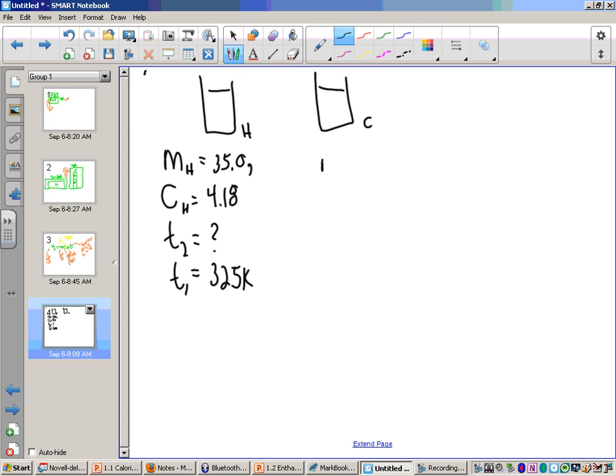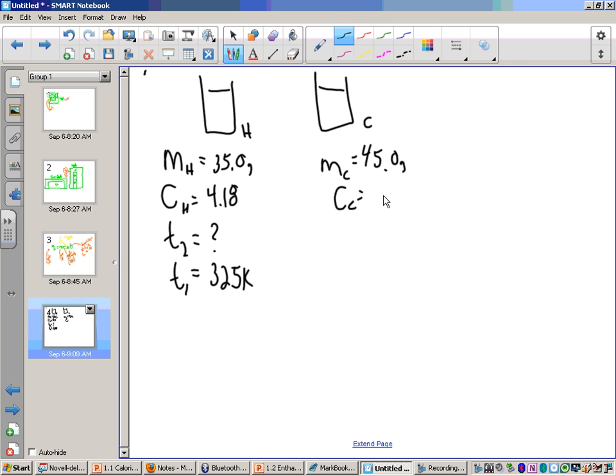We'll call this cold. What's the mass of the cold? I don't recall because it's not on the screen anymore. 45.0 grams. The C of the cold is, it's water, isn't it? Now, in the questions on the page, it's not necessarily water mixed with water, but it might be like a piece of iron put in water.